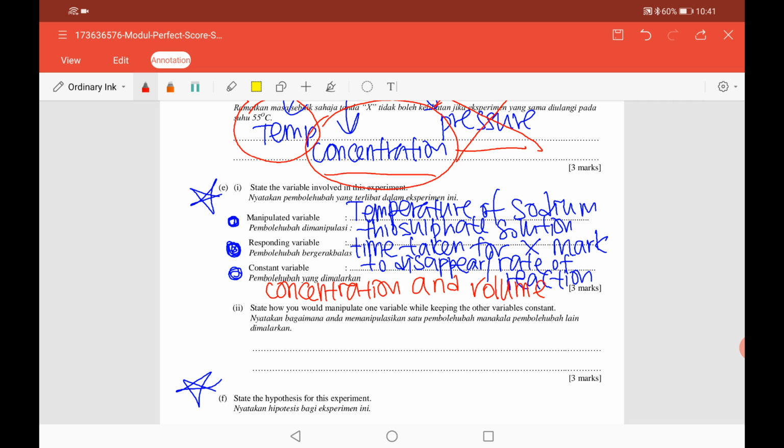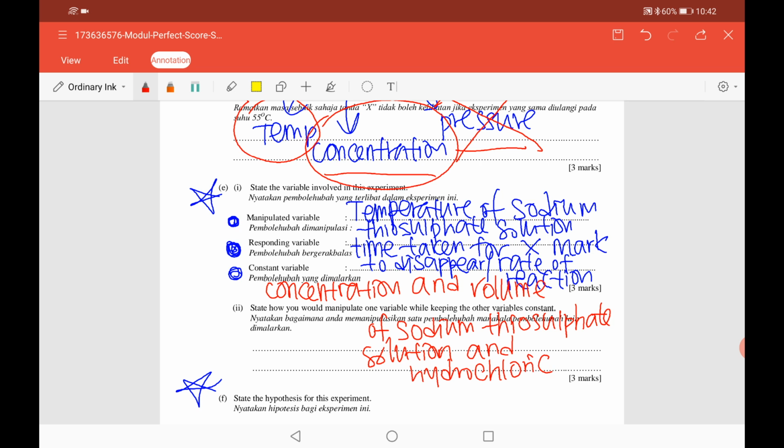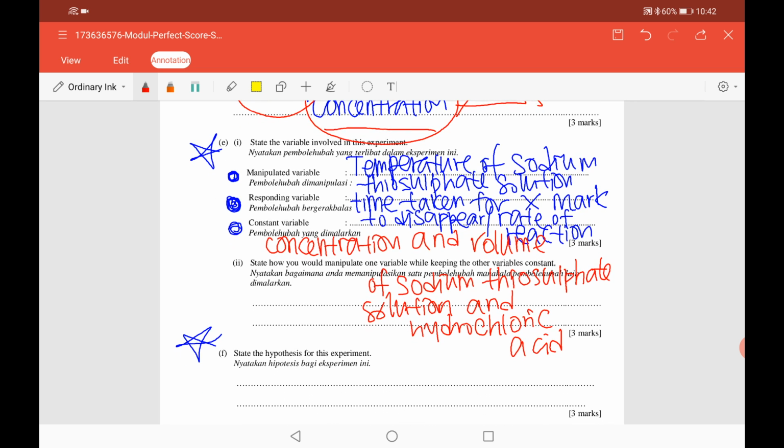We have two solutions: sodium thiosulfate solution, we need to fix it, and also the other solution, hydrochloric acid. So please try to be specific. When you fix the volume and concentration, mention in your answer for which solution you are fixing them.